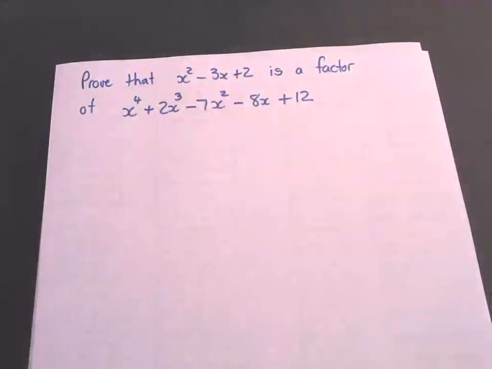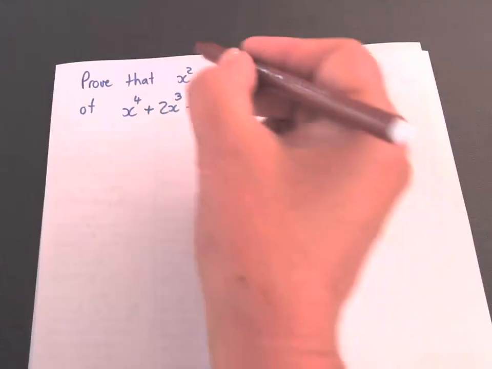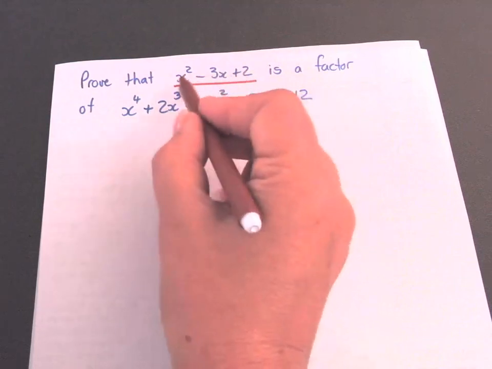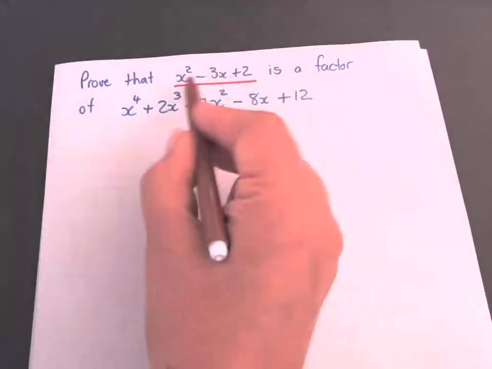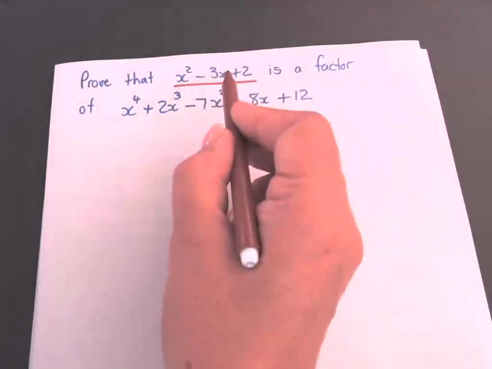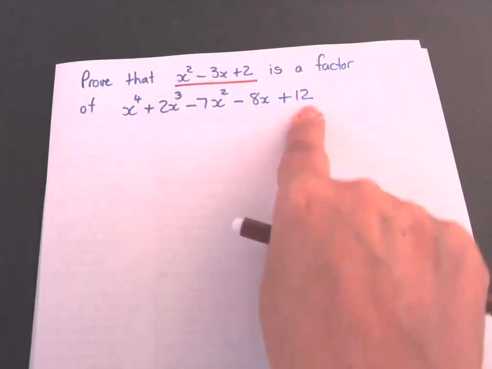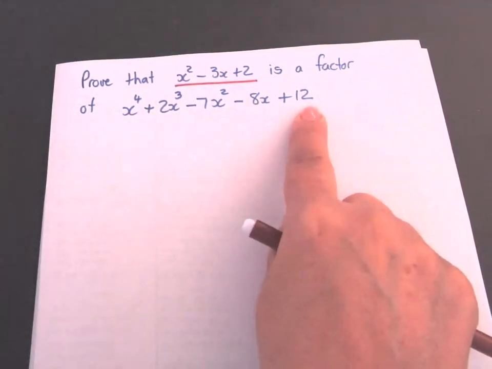I give you a trinomial and I ask you, is that a factor of the big one? So I'm going to break down this one into its factors and then test those 2 factors to see if they go into the big expression.